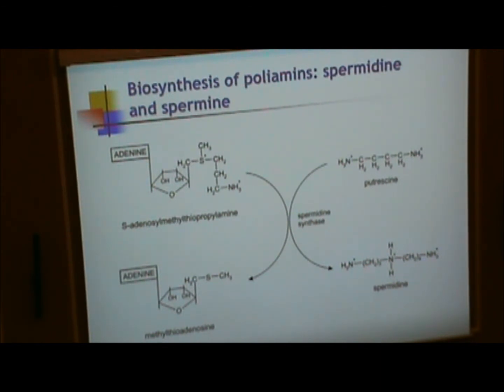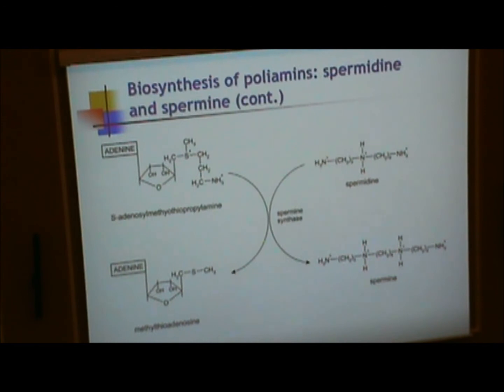Then spermidine interacts with the next molecule of S-adenosyl methylthiopropylamine, and under the action of spermine synthase, is converted into spermine.